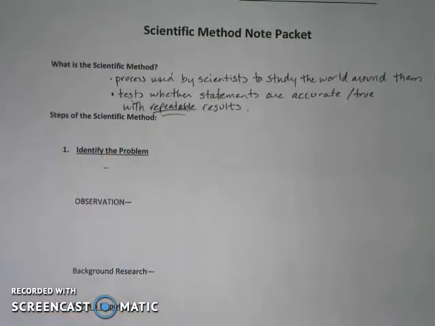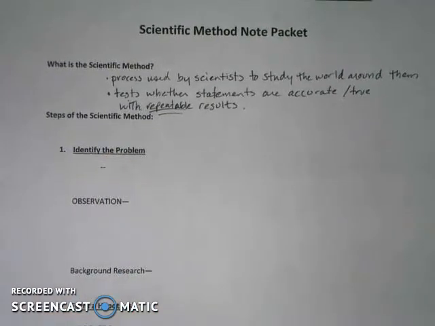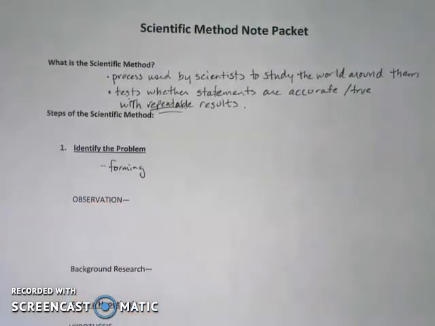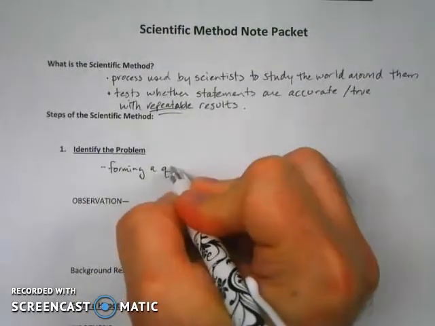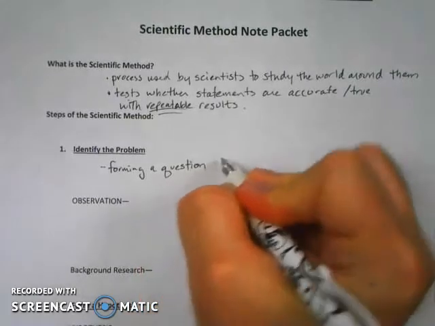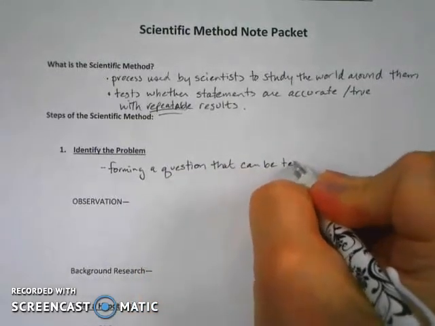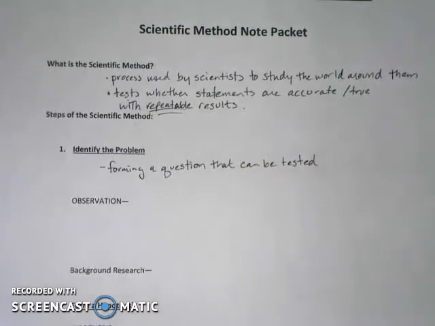First step is identify the problem. So it could be anything, but it has to be something that we can design an experiment with, and we have to be able to figure it out. So identify the problem is forming a question that can be tested.